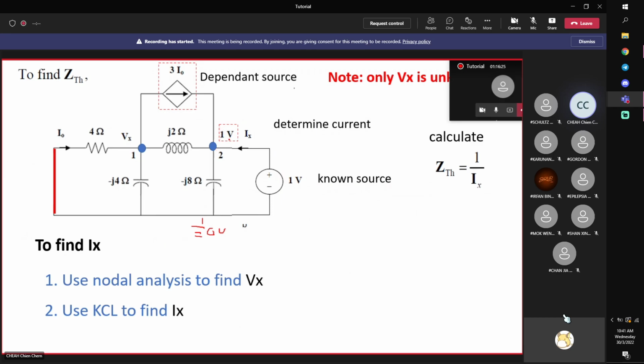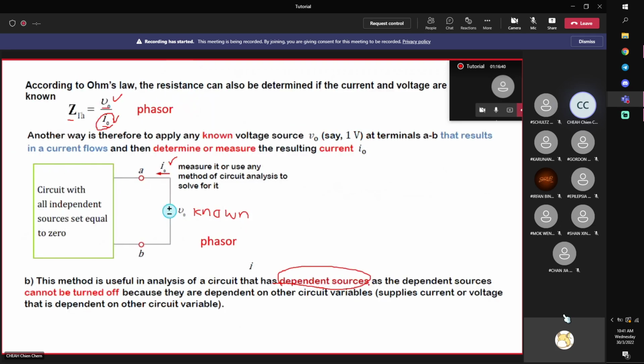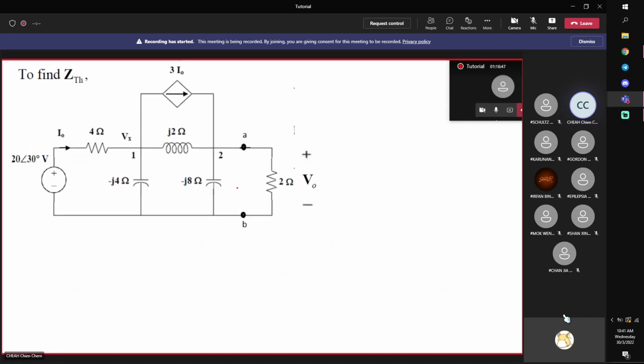So this is 1 volt. Now this is important because you are free to use any method over here, right? So the step is like that. You apply a known voltage, then you use circuit analysis to find this, using any method.